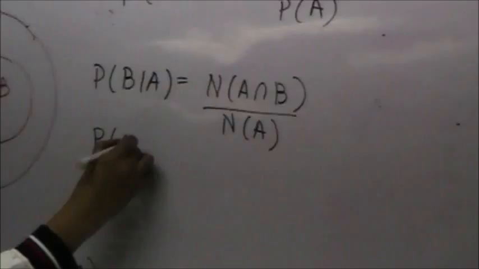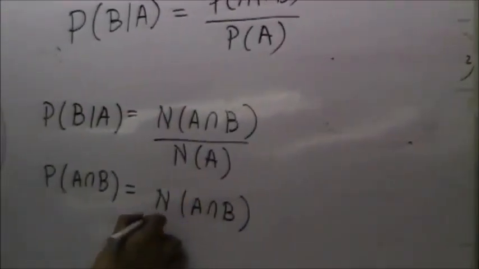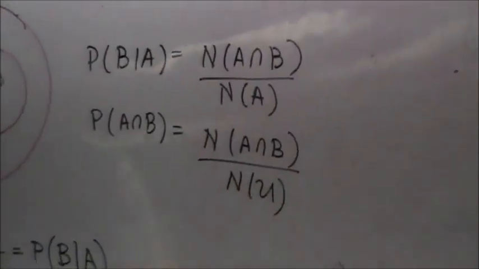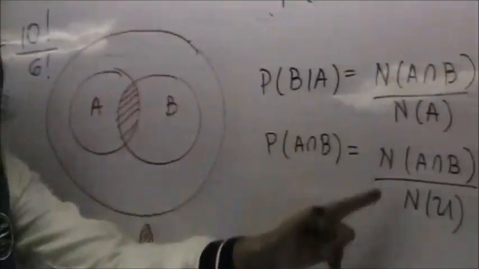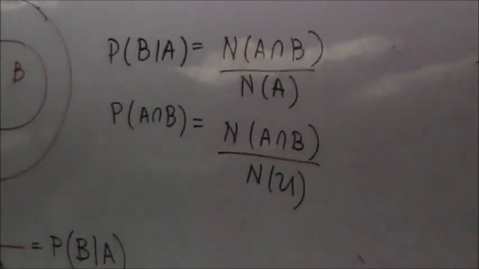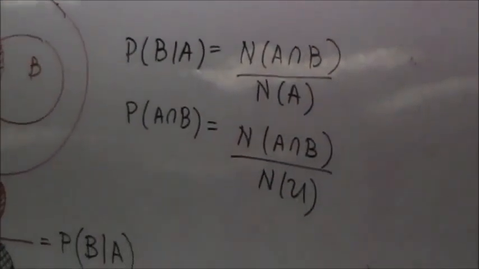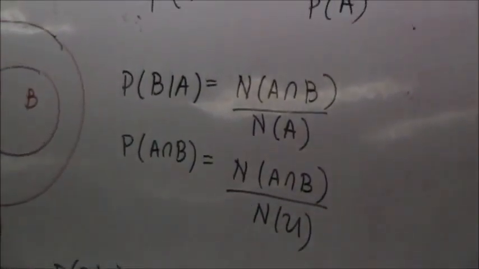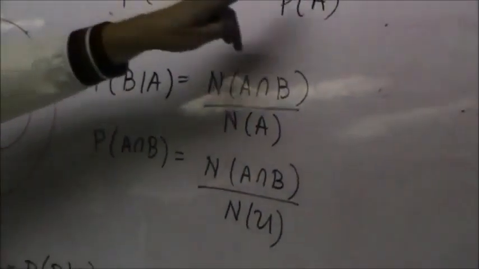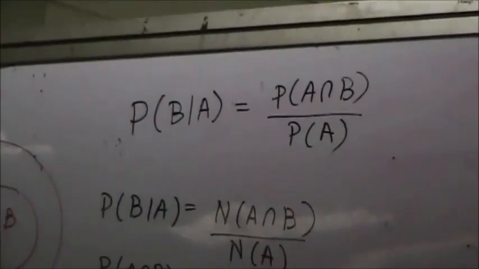And this is this. Almost similar, but the difference is what we're taking note as the total. And that allows you to think, how is the intersection different from P(B|A)?